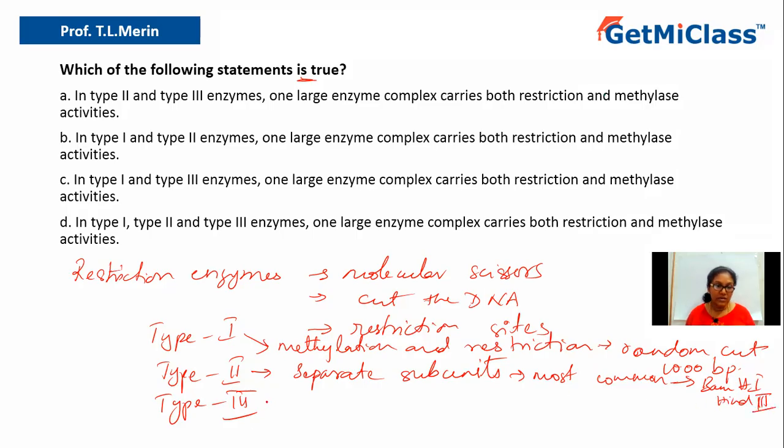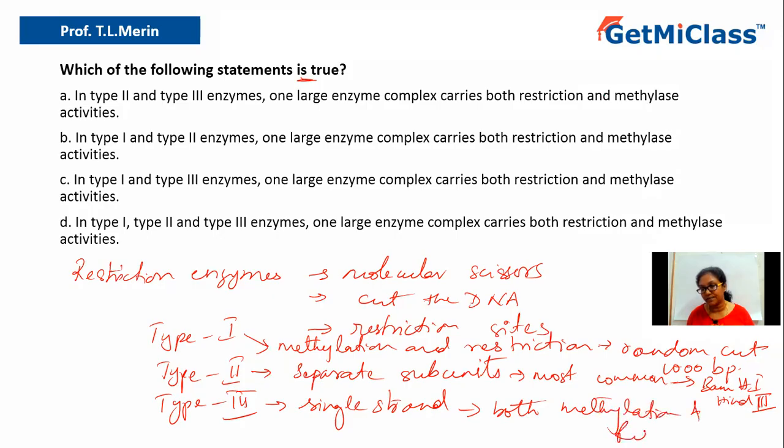Now type 3 enzymes, these again are similar to type 1. But it can cause a cut in a single strand, and this also has a large complex which has both methylation and restriction activity.